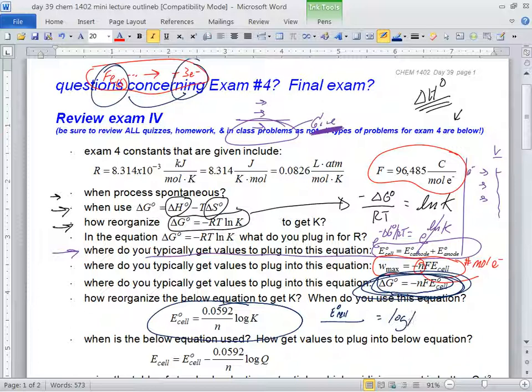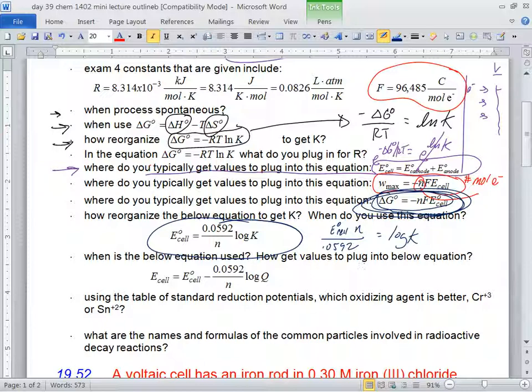The N. And that 0.0592 is down here. Okay. Halfway there, Kenneth. Now what? How do you get that K? You put 10 to the E cell over 0.0592. Yes. Raise both sides to the 10 power, because then the 10 and the log cancel out. Right.